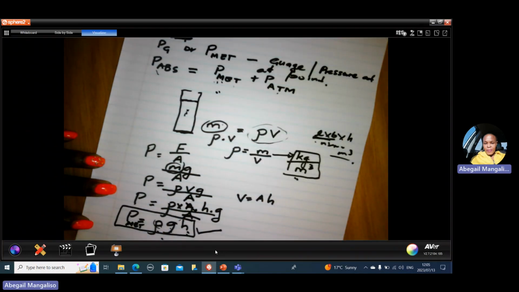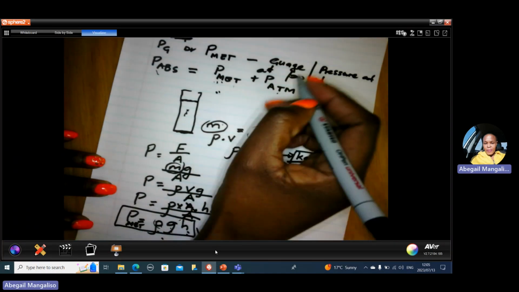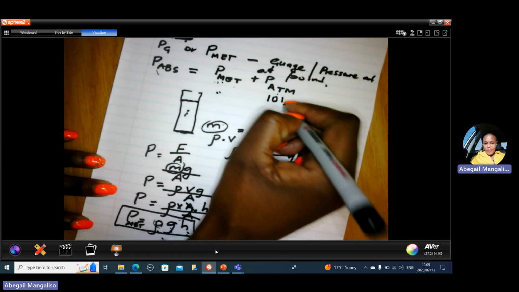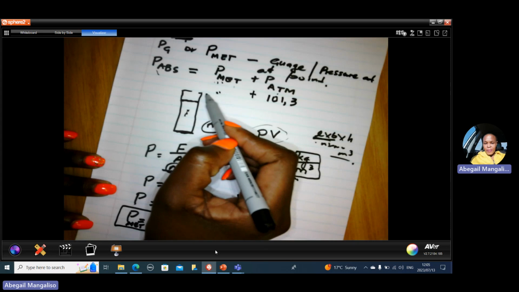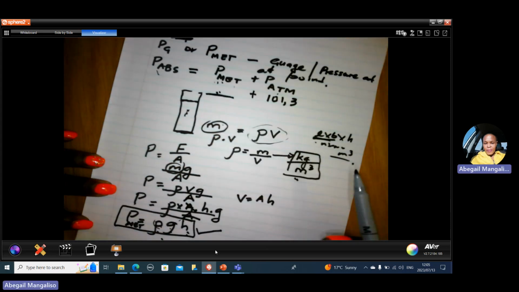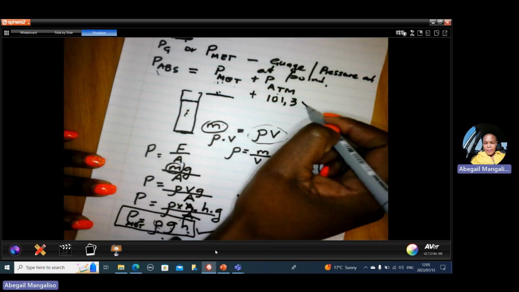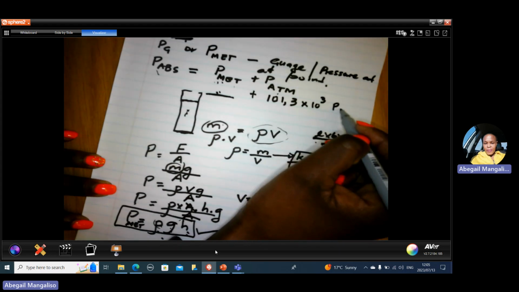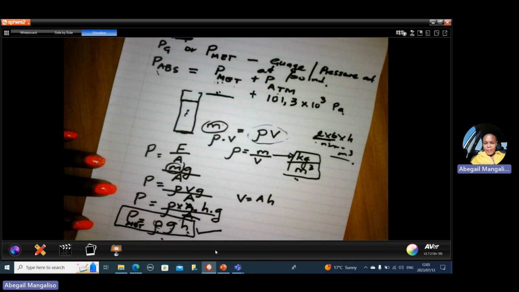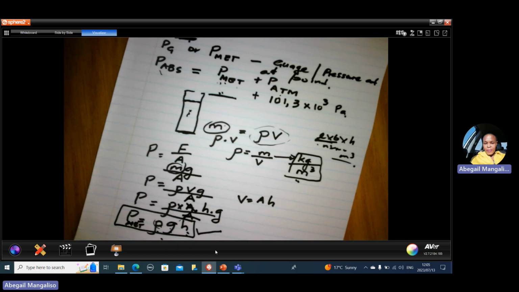Plus the atmospheric pressure. Atmospheric pressure is a constant value of 101,3. But if this gauge pressure is in pascals, it means you must also multiply this by times 10 to the power 3 to change it to pascals. You cannot add a pascal and a kilopascal. They must be of the same units.